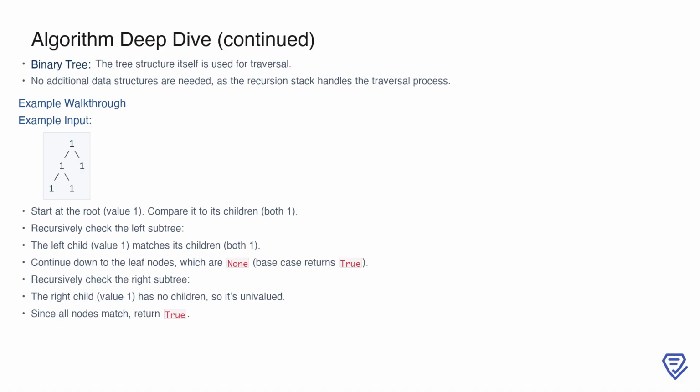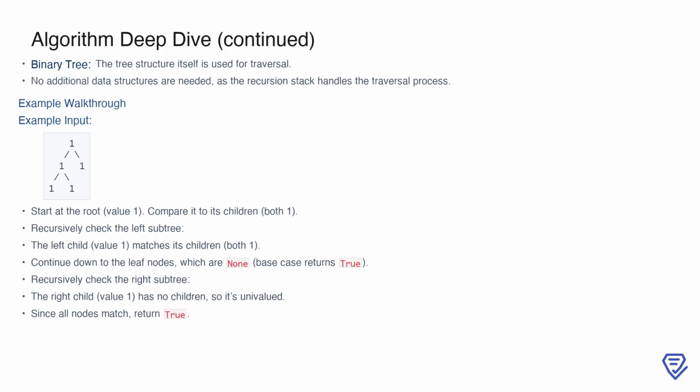To illustrate the algorithm in action, let's walk through an example. Consider a binary tree where the root has a value of 1, and all its descendants also have the value 1. Starting at the root, we compare its value to its left and right children. Both match, so we proceed to check the left subtree.